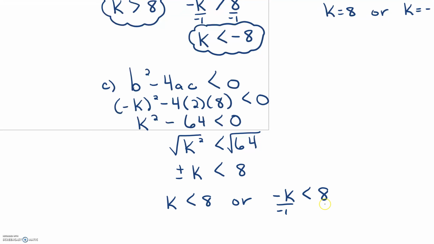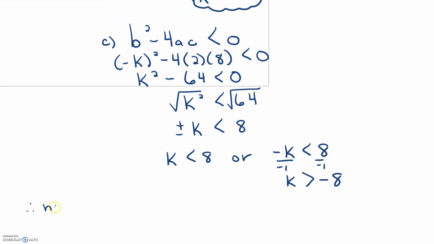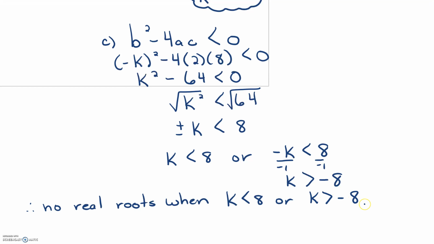But remember, when we divide by negative 1, we have to change the sign to greater than. So we have no real roots when k is less than 8 or k is greater than negative 8. So just be careful with those inequalities. You can't do the negative square root of a number, so you do the plus or minus of the k value instead.